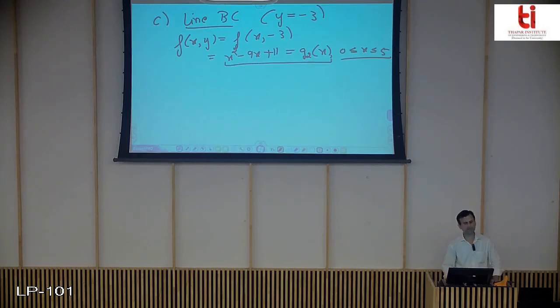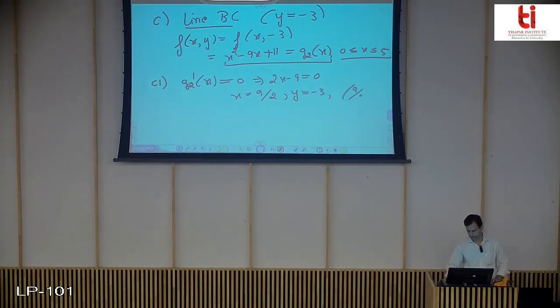In this case, the function again reduces to a single variable function. For the interior, maxima and minima will exist where the first derivative equals 0, which implies 2x minus 9 equals 0. So x equals 9 by 2 and y is minus 3. You get the point (9/2, -3), one of the points, and the other is an endpoint.